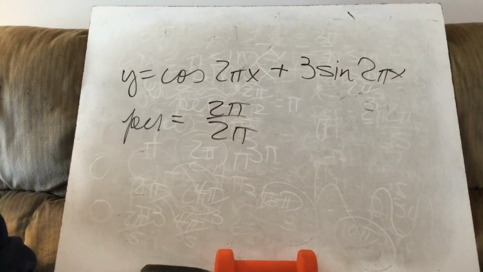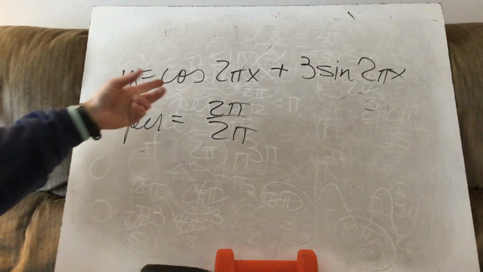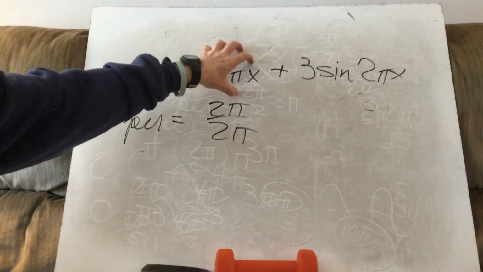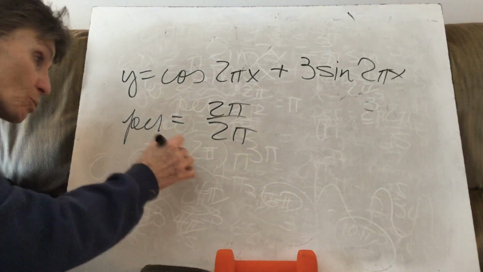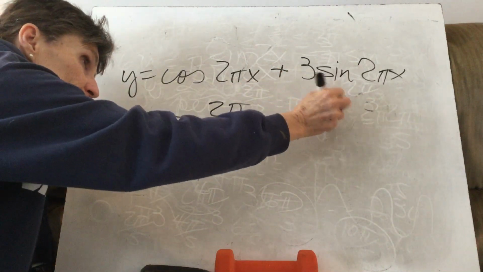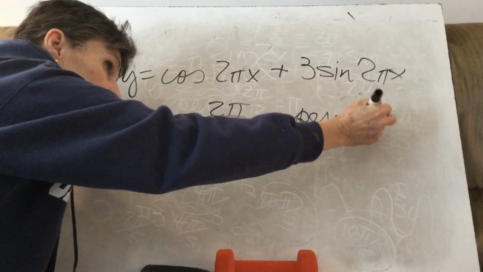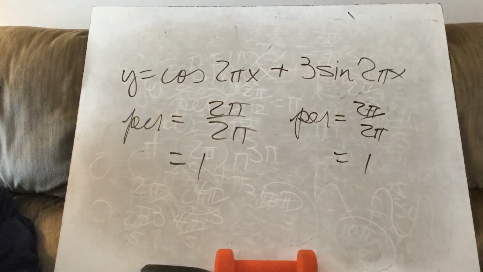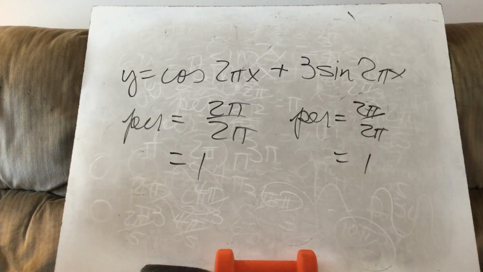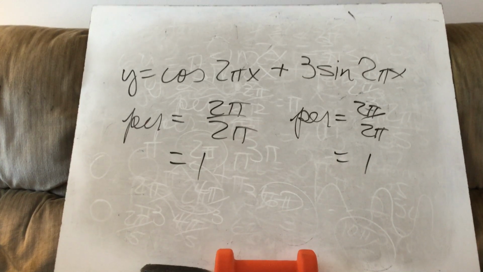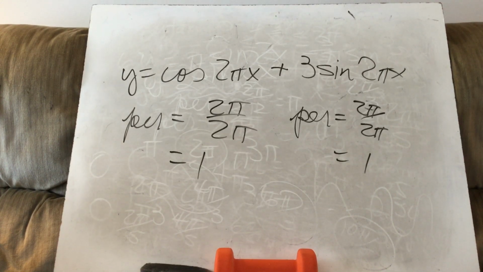Remember, period of a sine or cosine is 2 pi divided by this coefficient. So it's 2 pi over 2 pi, which is 1. What's the period of this one? 1. Exactly. So since the periods are the same, this one is a sinusoid, and the period is 1. They both start over at 1. So it's a sinusoid, and its period is 1.